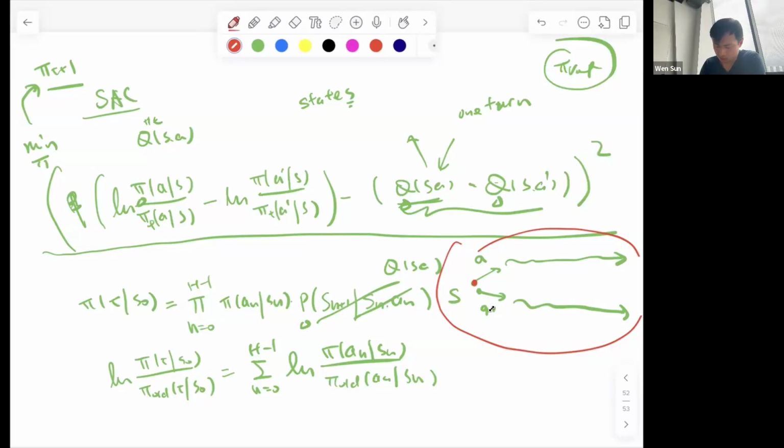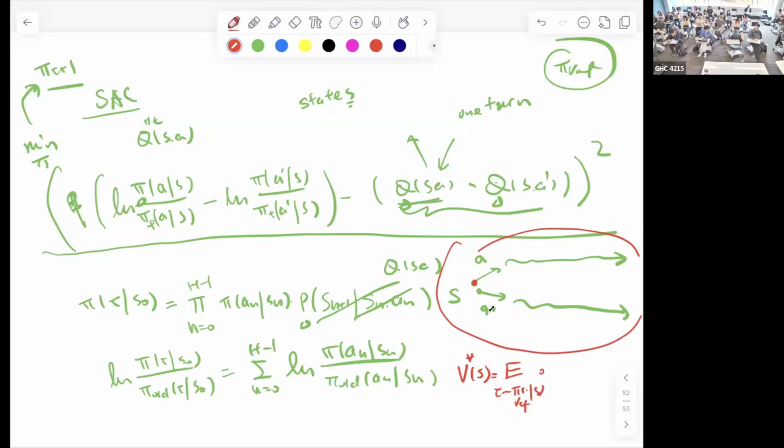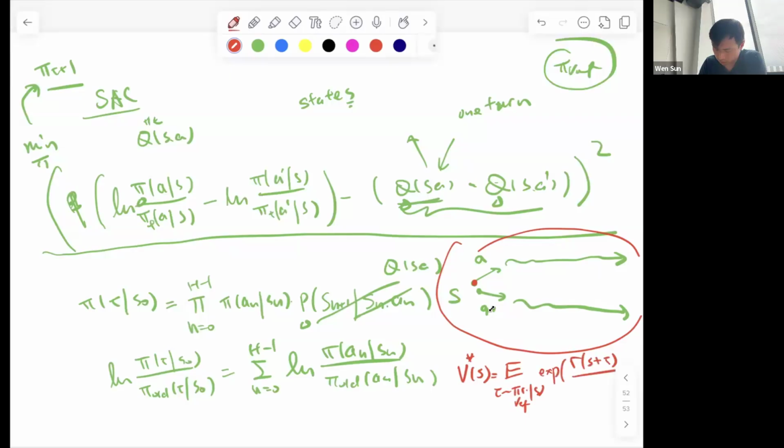So we know that for KL regularized RL, the optimal V star of S looks like the expectation over tau from pi-ref given S, of exp of reward of S plus tau over beta.